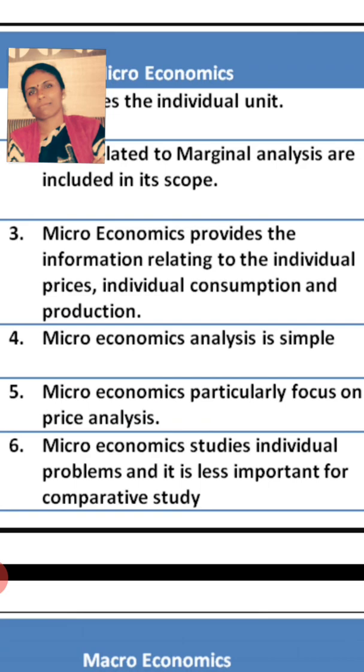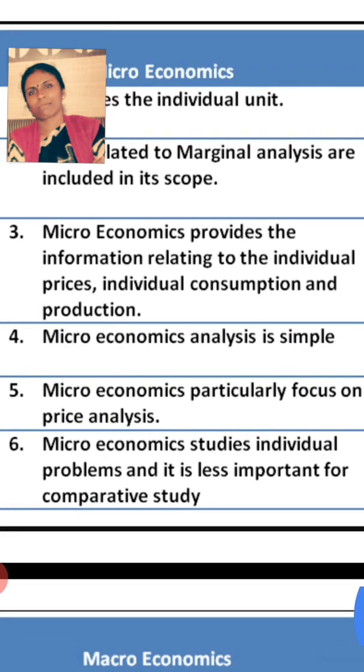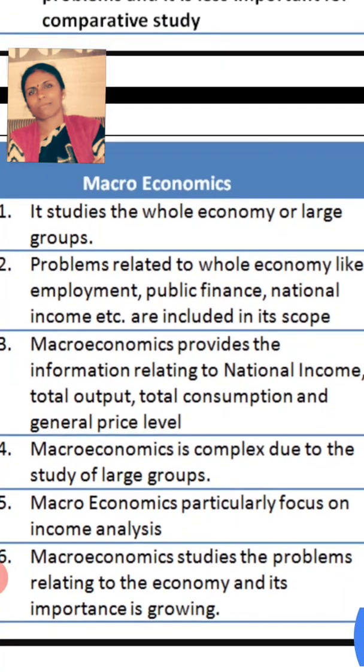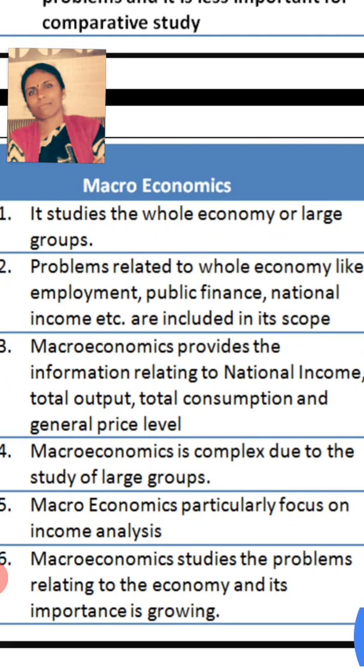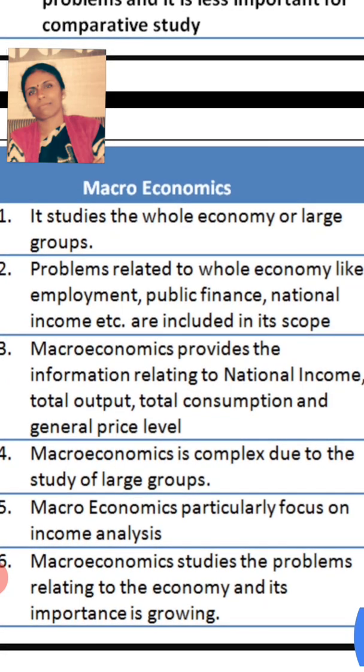Yes, microeconomics studies the individual unit related to marginal analysis. Then it provides information relating to individual prices, individual consumption, individual production, and the analysis is very simple, very easy. It focuses on price level and studies individual problems. And on the other hand, macro studies the whole economy, large groups, aggregate concepts, general concepts related to the whole economy, public finance, national income.